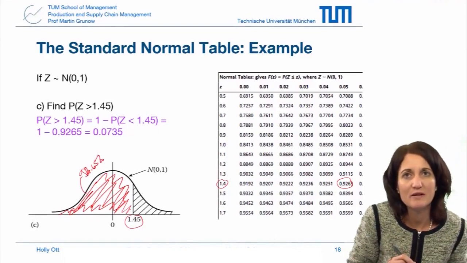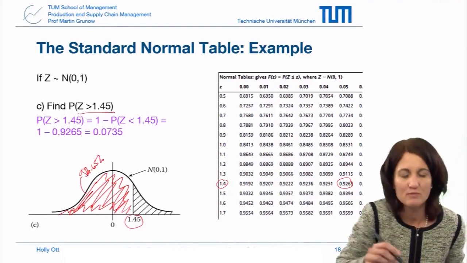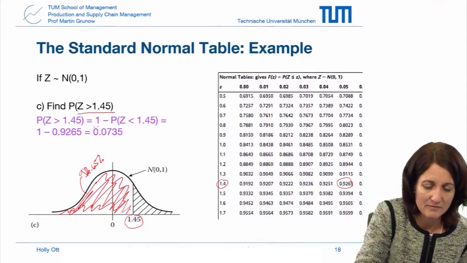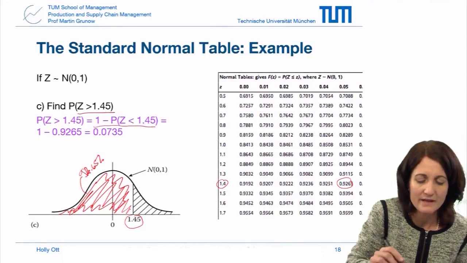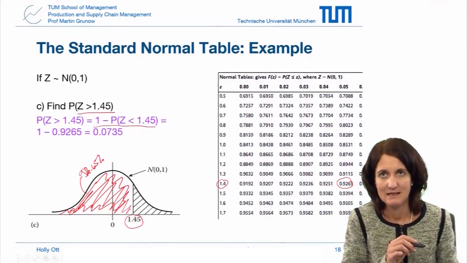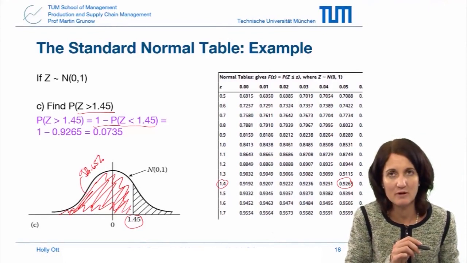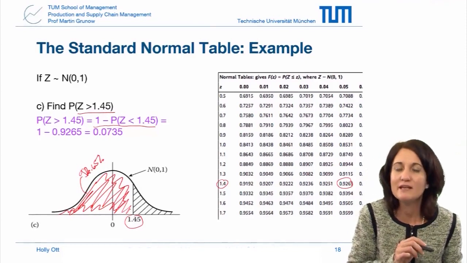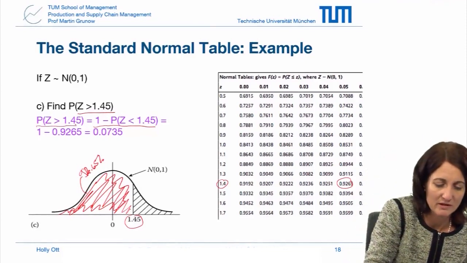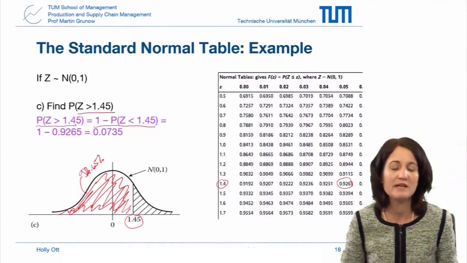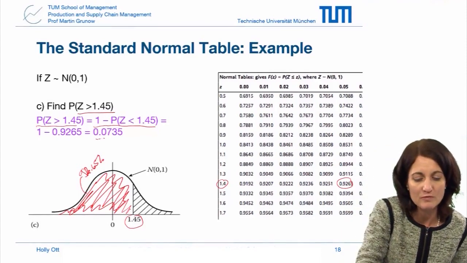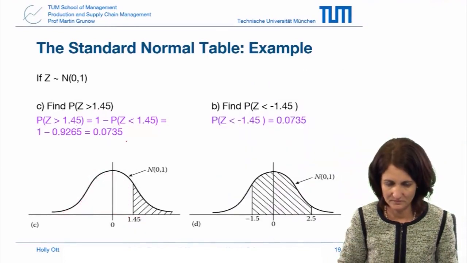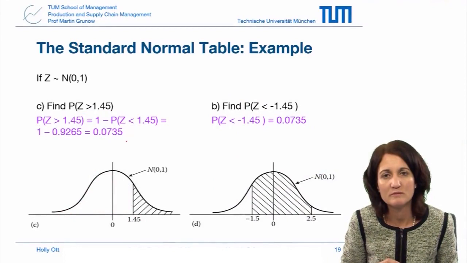But we're not interested in that. We're interested in the proportion of our population that is greater. So the way we do that is we say 1 minus the CDF function, 1 minus the proportion of the population that's less than 1.45 will give us the proportion that is greater than 1.45. And 1 minus 0.9265 is equal to 0.0735. That's what we got before.